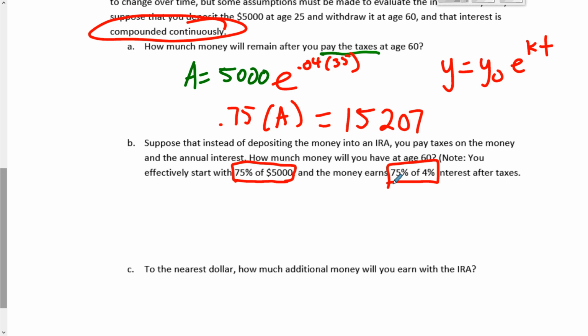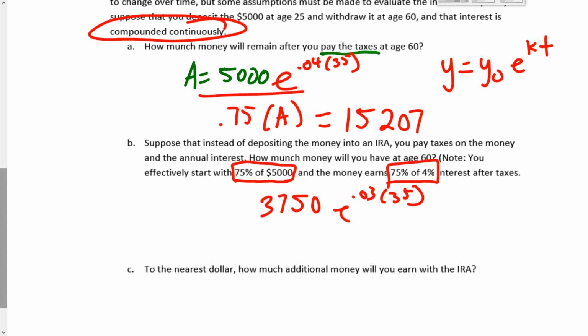We're going to take 75% of 5,000 and 75% of 4%, which is 3%. 75% of 5,000 is 3,750, and 0.03 for 35 years.